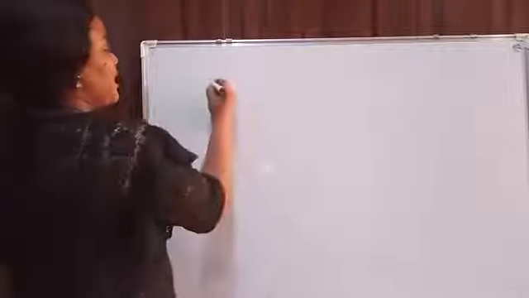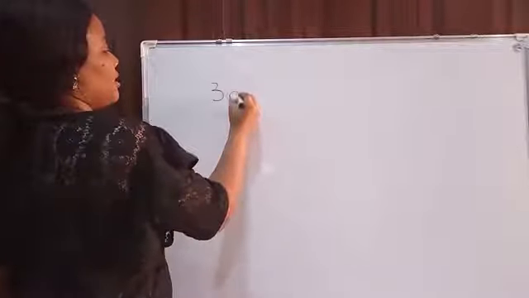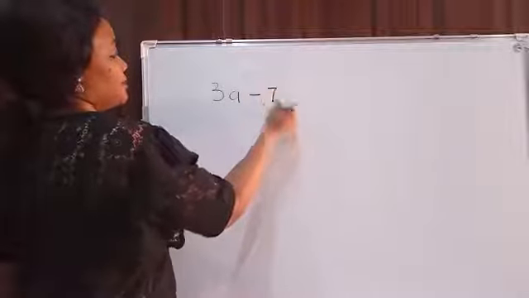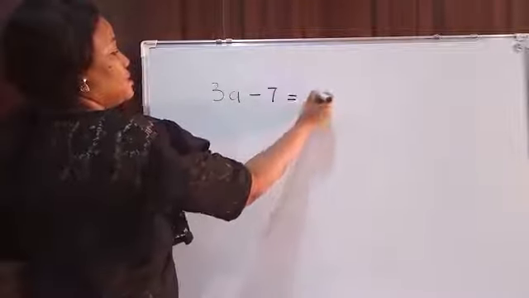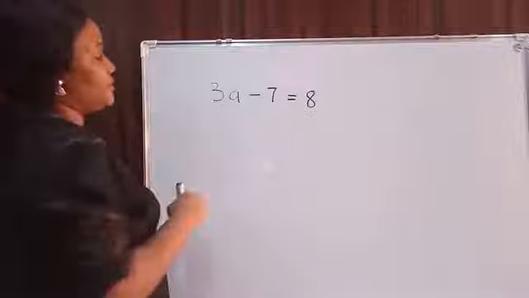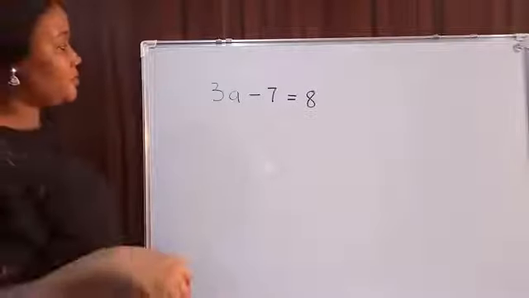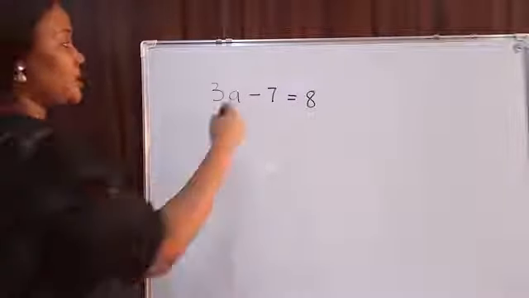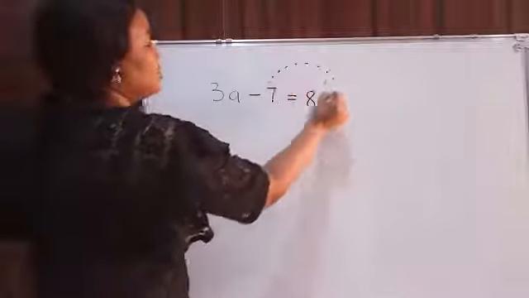You have 3a minus 7 equals 8. Same jumping. Our 7 gets to move.